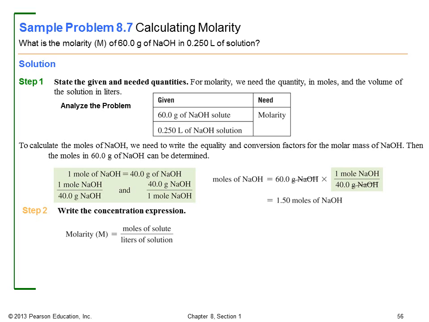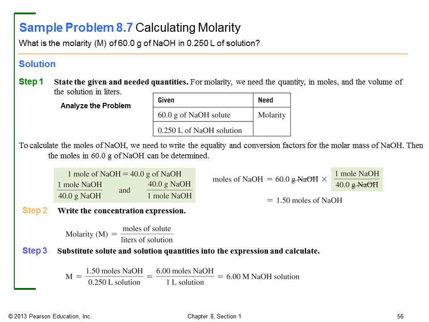So we use that conversion factor, and we get 60 grams of NaOH times 1 mole of NaOH per 40 grams of NaOH, which would be 1.5 moles of sodium hydroxide. Now we have our moles of sodium hydroxide, so we can plug that into our equation. And so we get 1.5 moles of NaOH divided by 0.25 liters of solution. And so we get 6 molar.